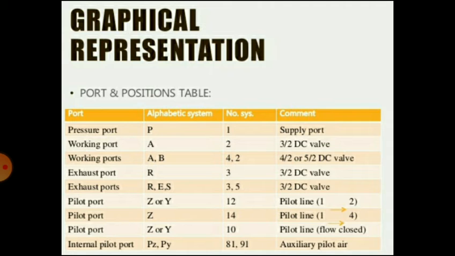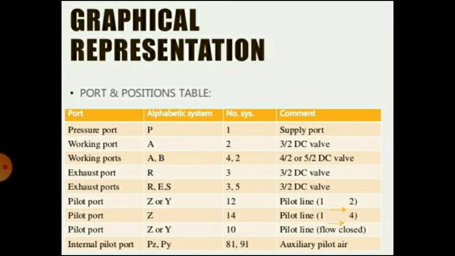So in a 3x2 DC valve that is used. Then working ports A, B. Suppose the valve is a 4x2 or 5x2 DC valve, then A and B are the working ports, or the numbers 4 and 2 are indicated as working ports in a 4x2 or 5x2 DC valve.